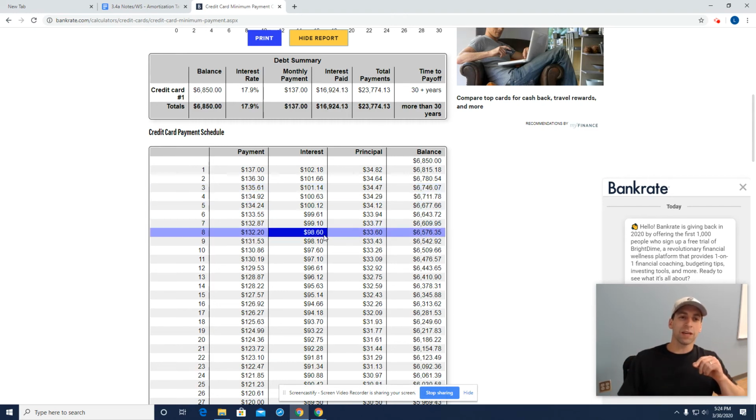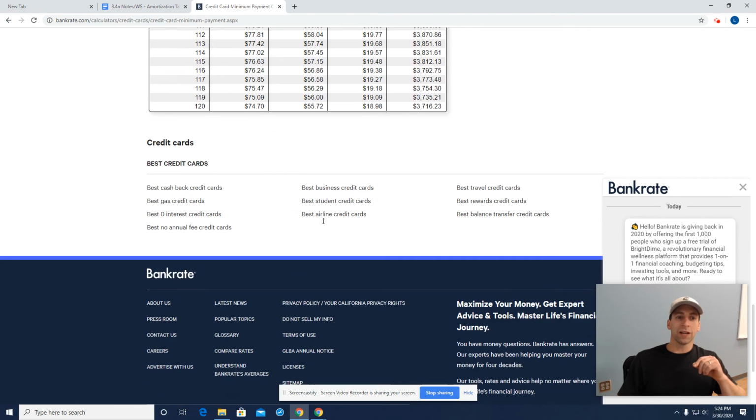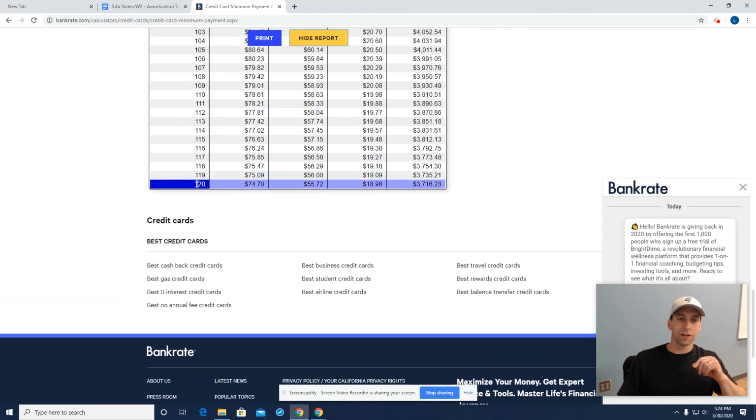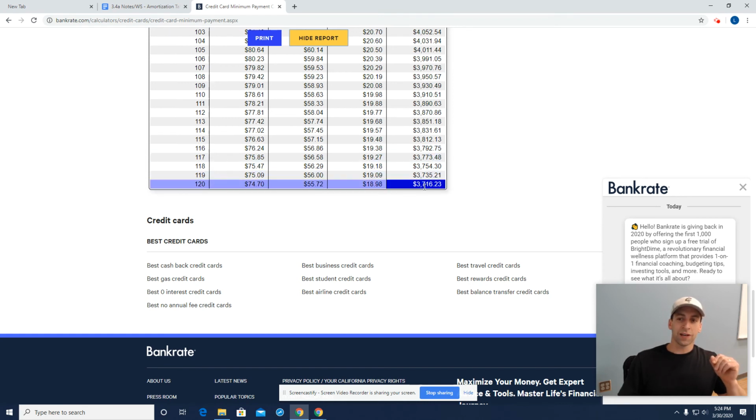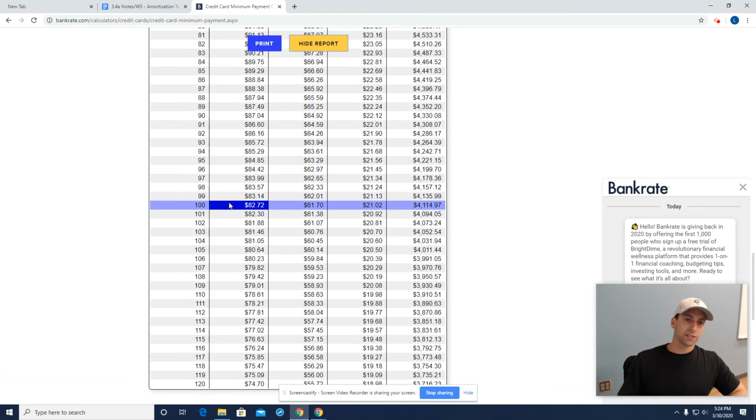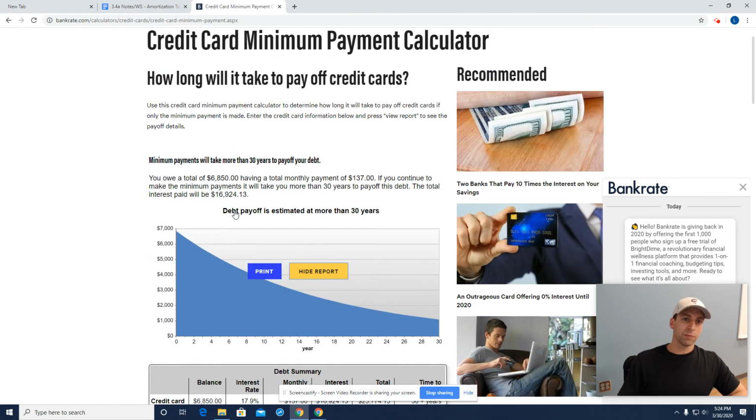The only thing that's going to make it pay off someday is when we finally get down. I mean, this is only 10 years into it, and you can see we still owe $3,700 on it. You scroll down to about 30 years into it, finally you'll get that balance below $25, and then you'll just pay it off then. I mean, it's unbelievable how bad it is.